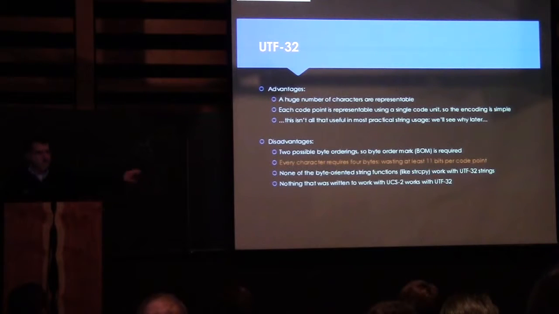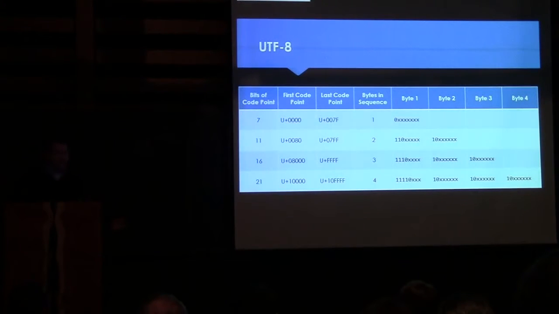Because we don't want to waste all this space, we don't want to be sending all of these extra bits when we don't need them, a second character encoding called UTF-8 was created. The 8 here means that each code unit is 1 byte. Because we sometimes need multiple code units to represent a code point, this is a variable width encoding.